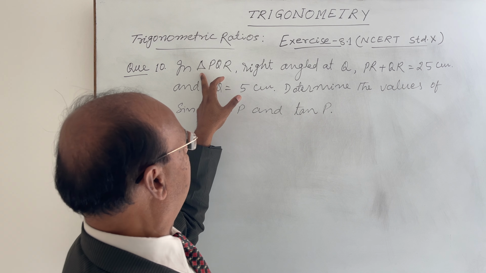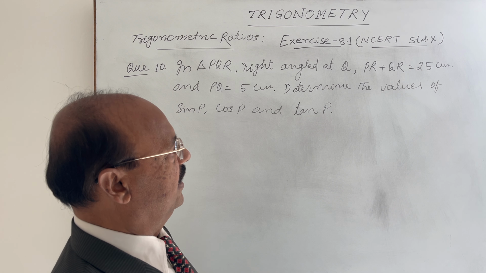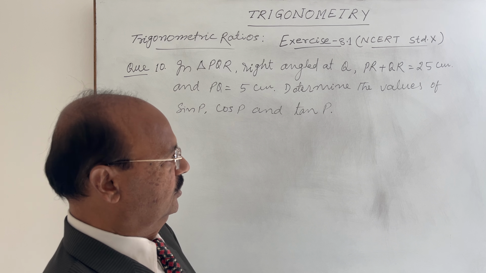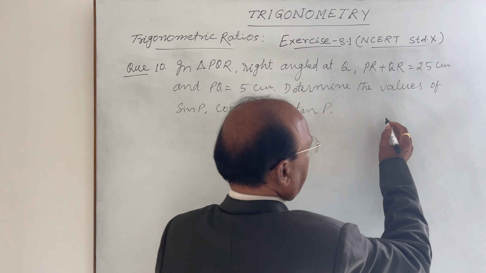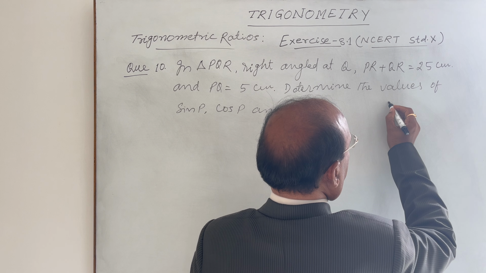Here it is given that triangle PQR is right angled at Q. So let us draw a right angle triangle here like this.